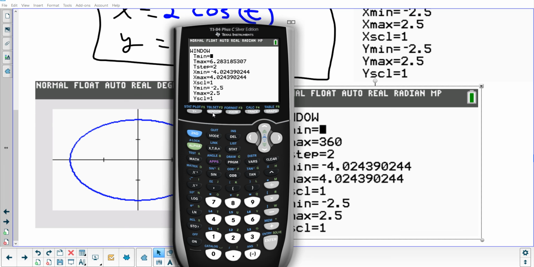Well, should we increase it or decrease it? Okay, what do you want to increase it to? 10.